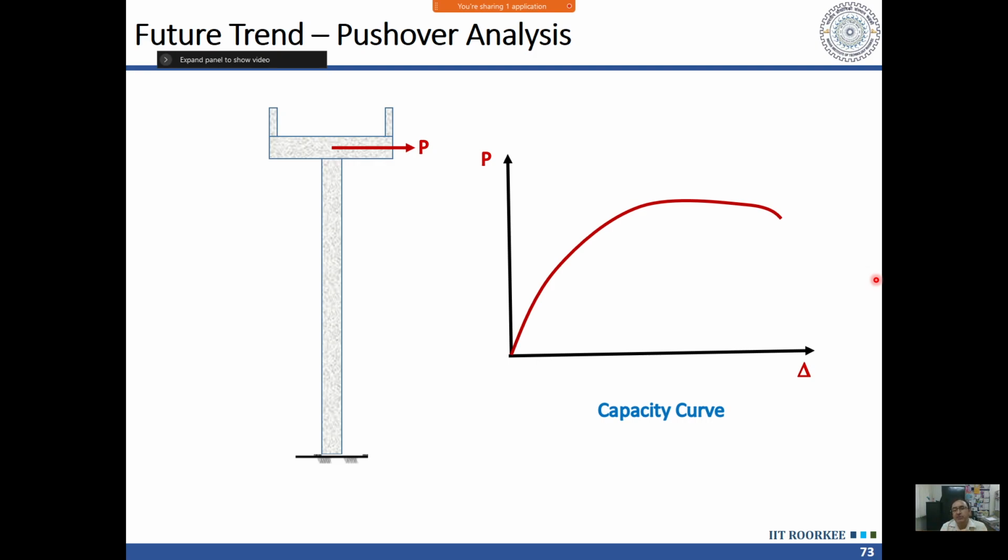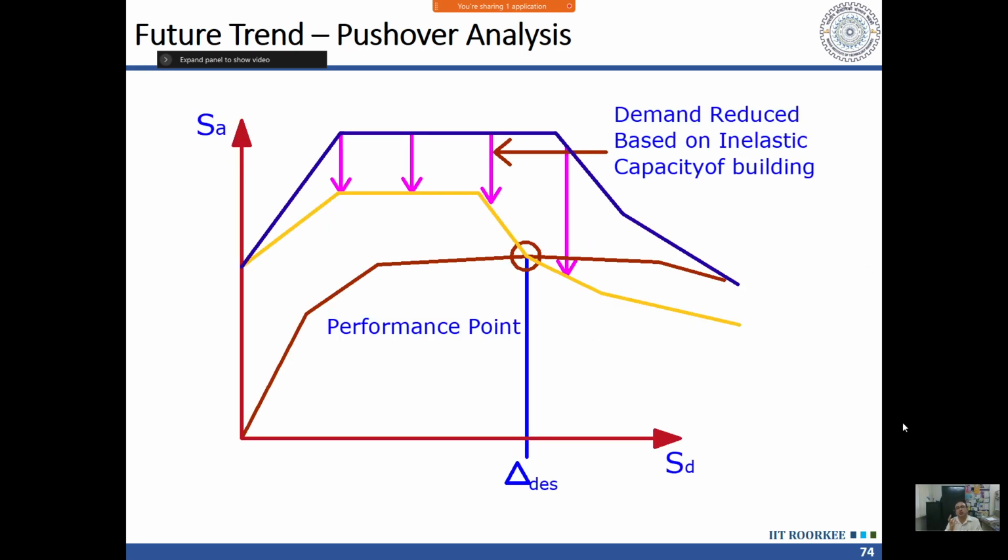That's why we call it the signature or characteristic of the structure. And the response spectrum is the characteristic of the earthquake, and we have to compare these two. So I have to compare the demand with the capacity.